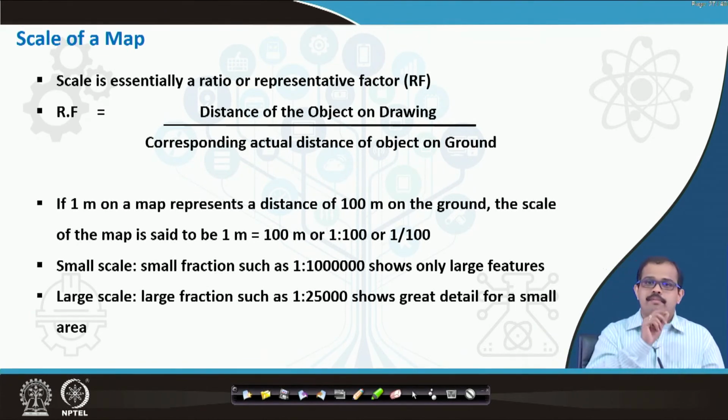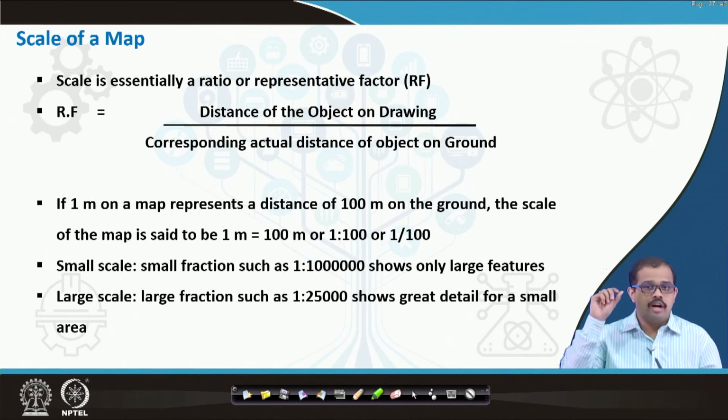Okay, so please remember, the one that gives you more information is a large scale, the one that gives you very little information but only the representation is a small scale map. 1 is to 1 million is a small scale map, whereas 1 is to 10,000 or 1 is to 15,000 or 1 is to 20,000 is a large scale map when compared to 1 is to 1 million.